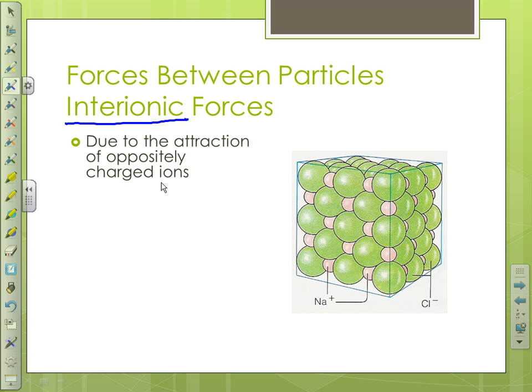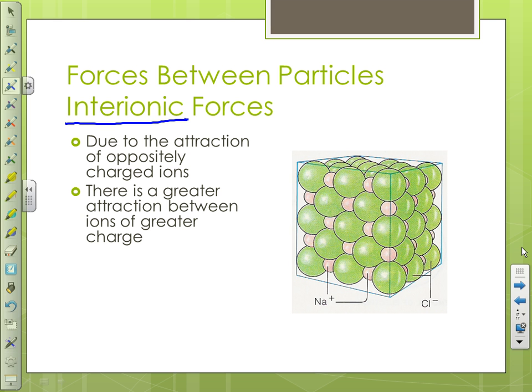Interionic forces are due to the attraction of oppositely charged ions. There is a greater attraction between ions of greater charge. So, in sodium chloride, where sodium has a +1 and chlorine has a -1, there's a strong attraction.